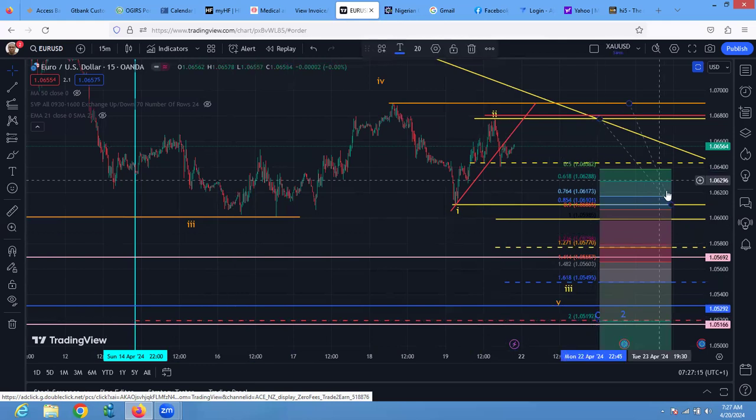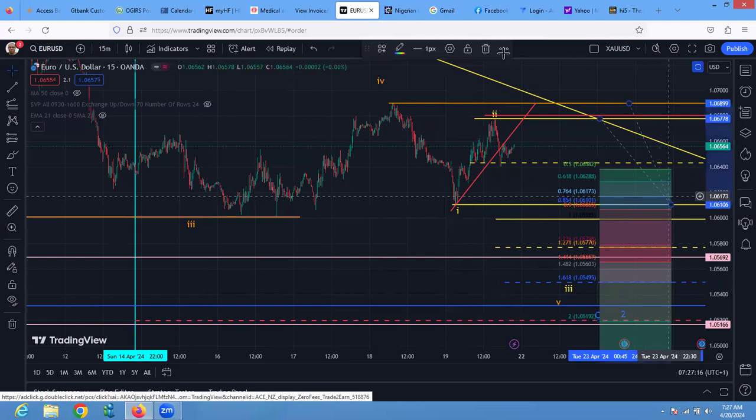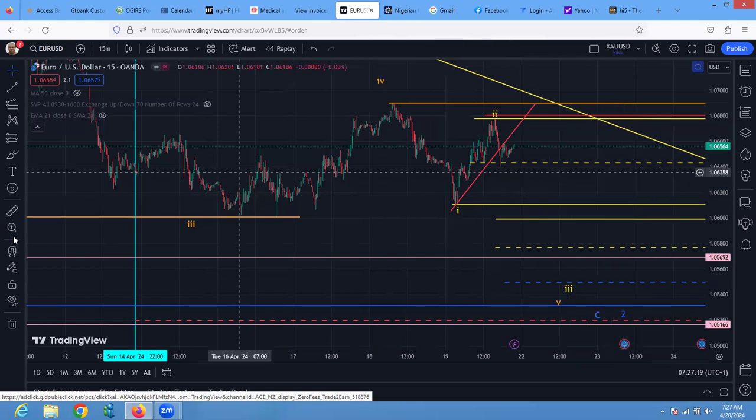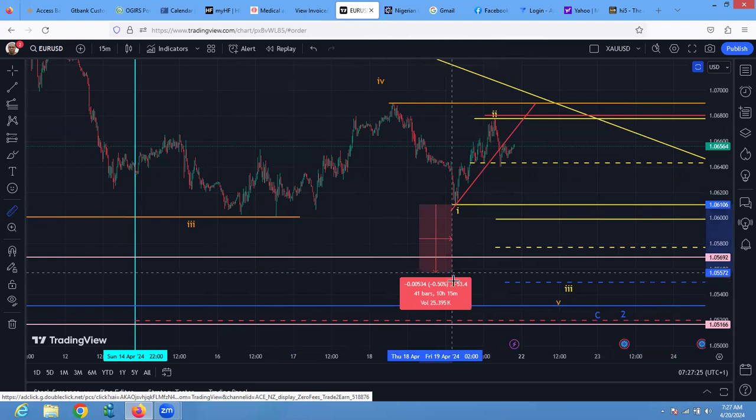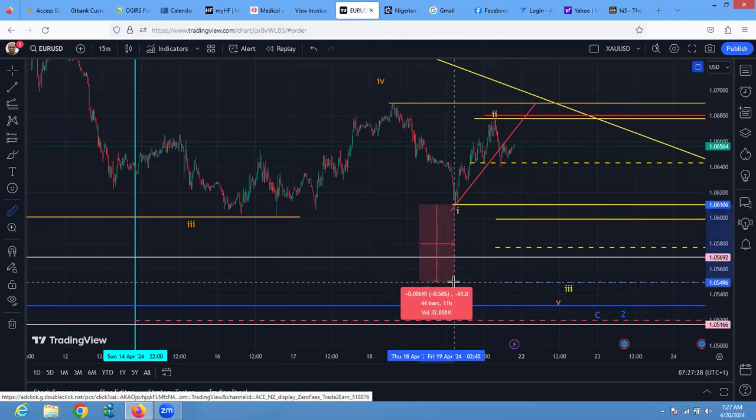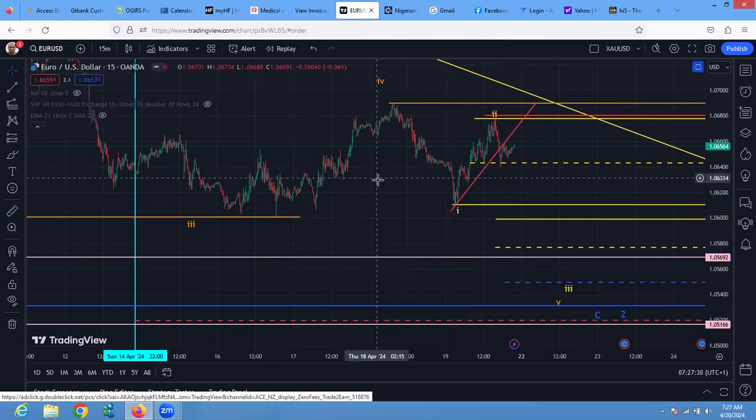So that's what we are saying. Potentially price may still drop by about 60 pips. From this recent low, price may still drop about 60 pips to the downside. So we must be ready for that.